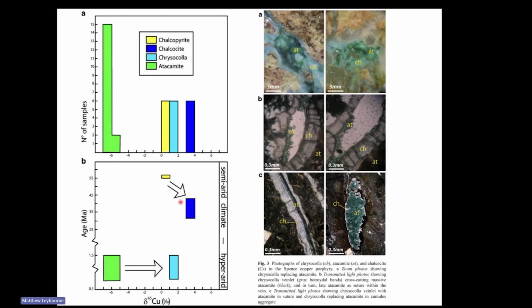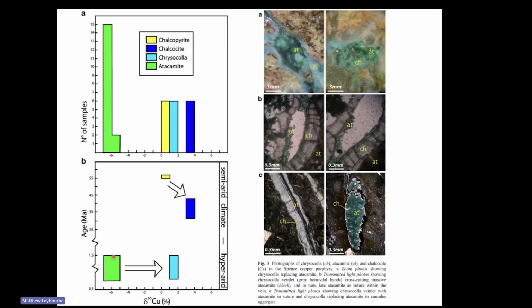Fast forward through time, we've continued to weather this deposit, and we've made a nice supergene blanket with a leached cap on top. So from that chalcopyrite, we form atacamite, which is a copper chloride, and there's a large fractionation. So in that case, the light copper was preferentially retained in the sediments overlying the deposit.